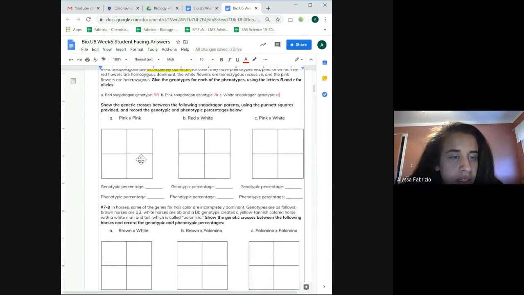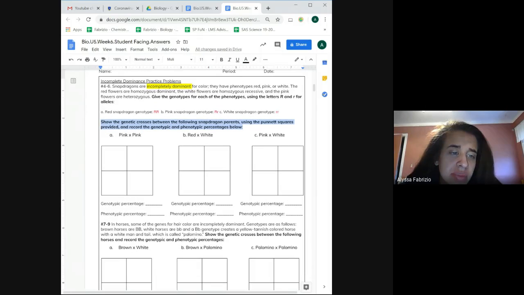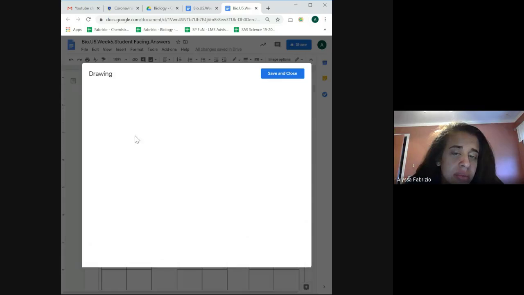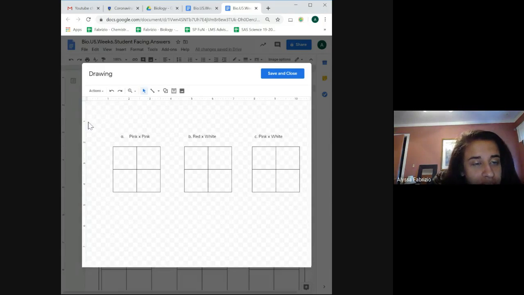Okay, now it's asking us to show a genetic cross between the following snapdragon parents using the Punnett squares provided, and recording the genotype and phenotypic percentages below. So we have 2 pink, so we can edit this.